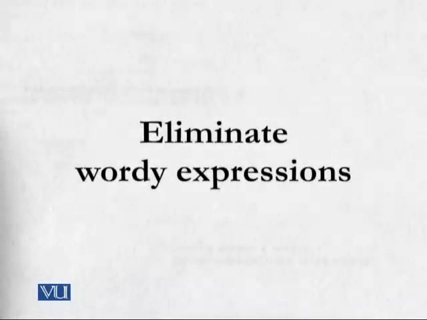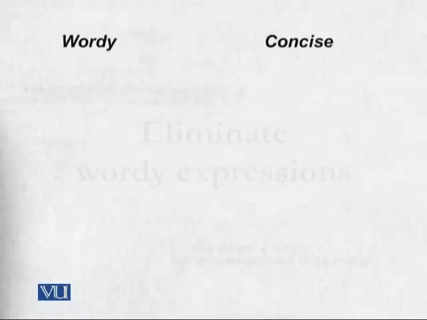You can see I have written wordy and concise items. And these are some of the wordy expressions which we very commonly use. Why use them when you have so simple, so crisp words available, and of course, it will introduce compactness also in your writing.